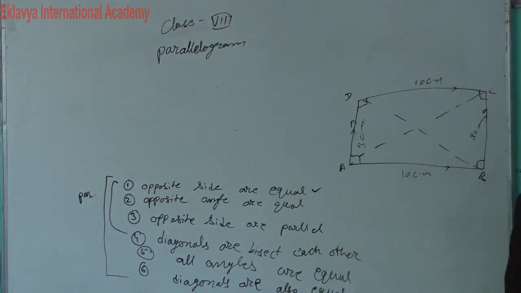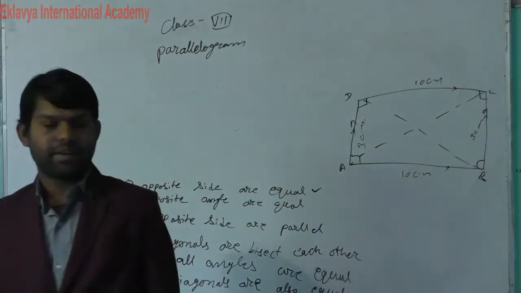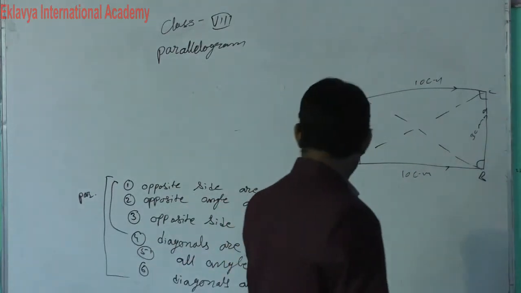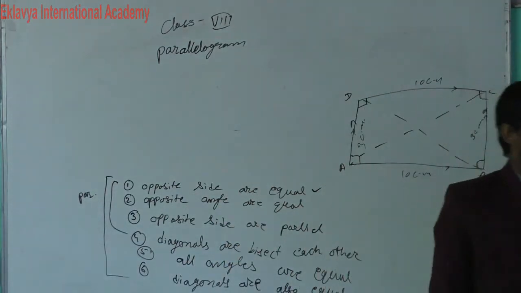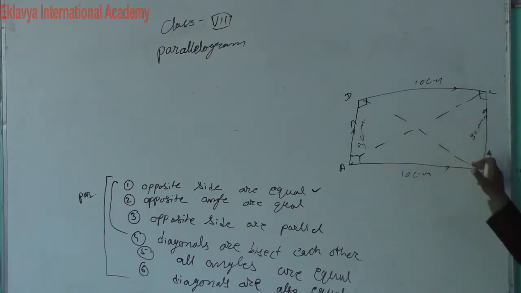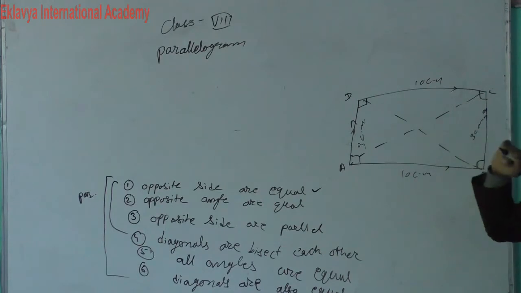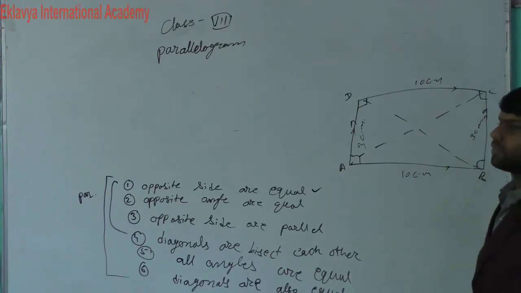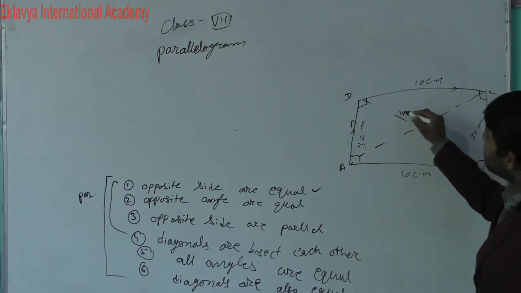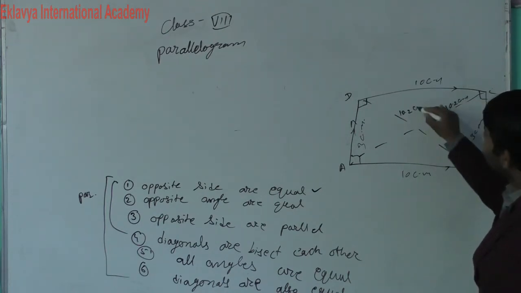So fifth property is that all angles are equal, they are 90 degree. And sixth property, diagonals are equal. In this we have diagonals are equal, then this one diagonal is equal to this one in the measurement. Like if I say that it is 10.2, then it is also 10.2 centimeter.